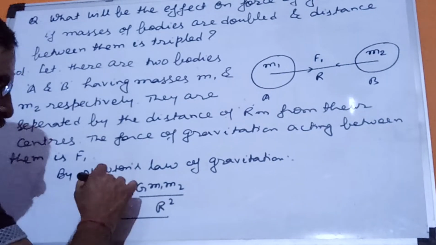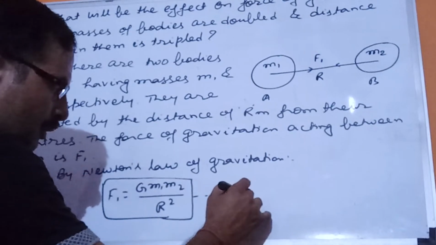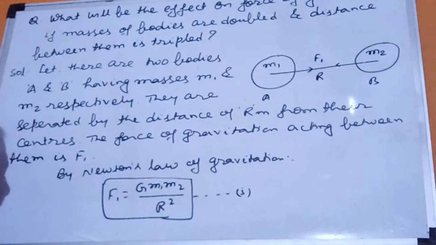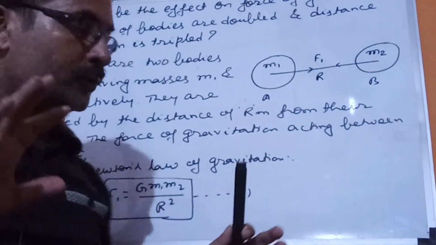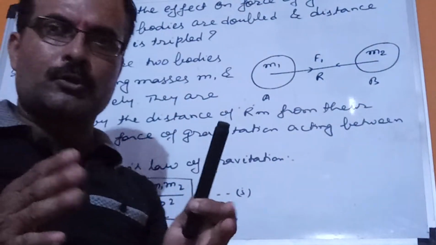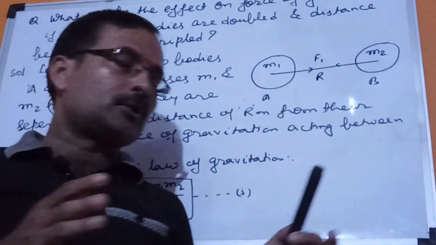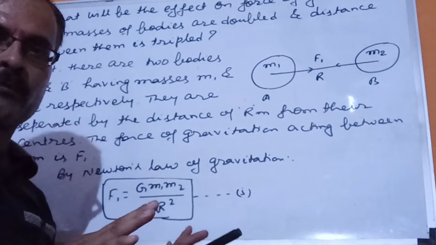This became equation 1. To derive equation 1, there is no need of the question. If no data is given and it asks what will be the change in the force of gravitation, then after that you can use it. Now this became equation 1.